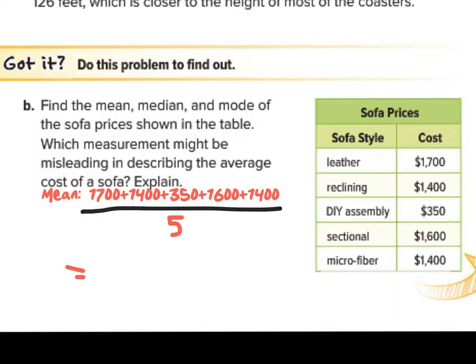And when we do that, we get 1,290. So if they really wanted to be misleading, they could say in their ad that their average price for a sofa is 1,290, when in reality they're mostly around 1,700, 1,600, 1,400. Most of their prices are much greater than this price.